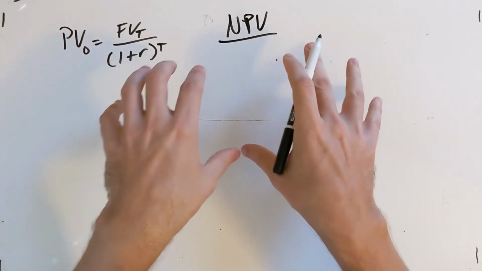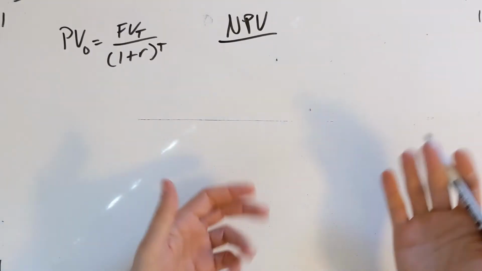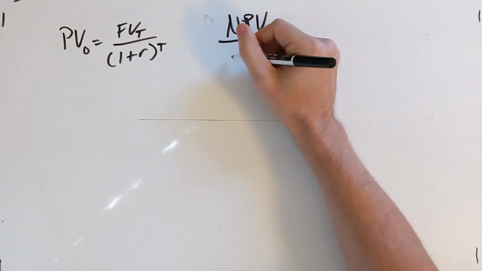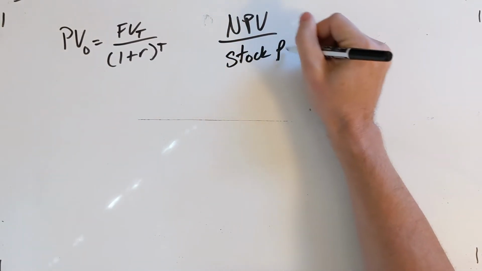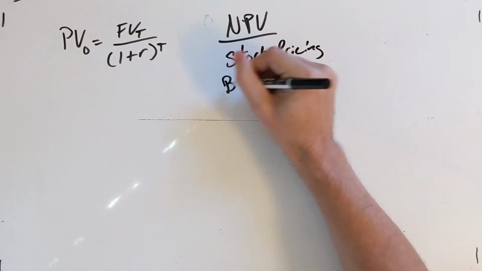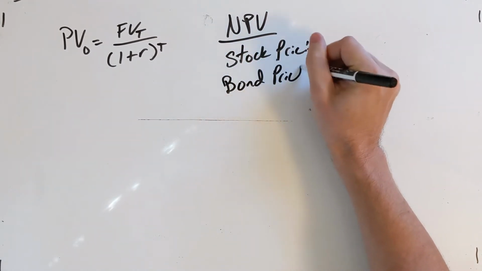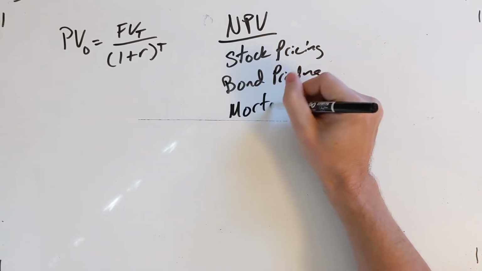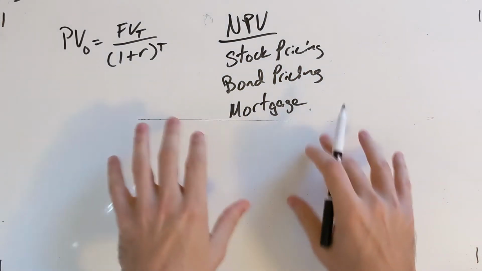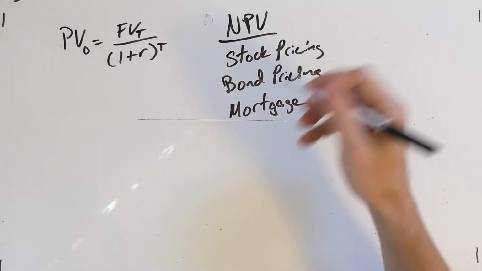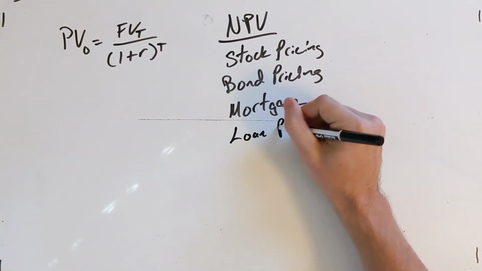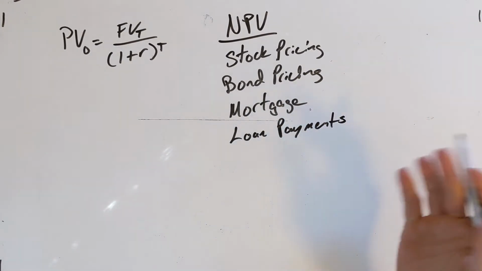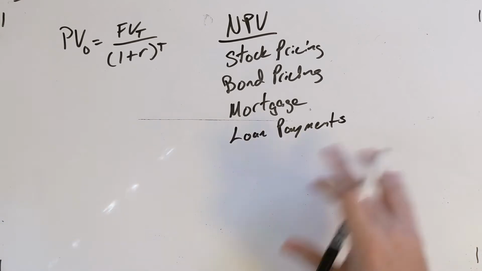So what would we use a net present value for? Net present values can help us understand stock pricing or bond pricing, or something like how much house can I buy? Net present value is also at the root of figuring out loan payments, or the value of insurance policies, or all kinds of things.